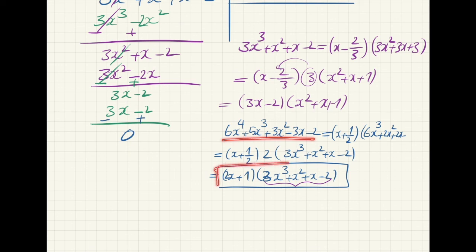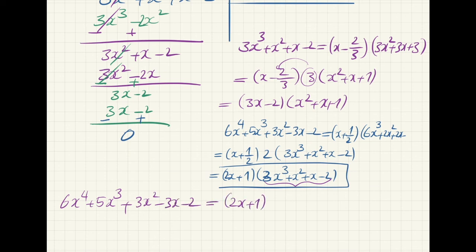We succeeded to go so far, and then we realized this part itself can be factorized in this form. So finally what I write is that my original polynomial 6x^4 plus 5x^3 plus 3x^2 minus 3x minus 2 is equal to (2x plus 1). From the beginning I had it here, and instead of this I put this one. So then it becomes (3x minus 2), and then I have (x^2 plus x plus 1).